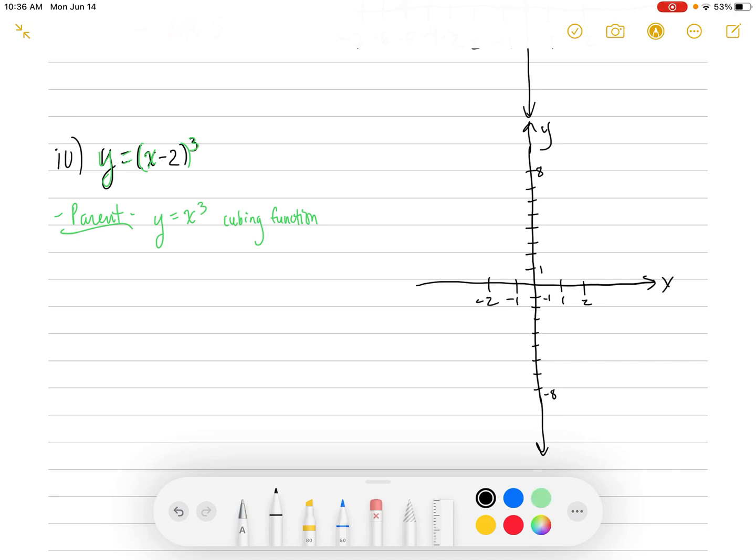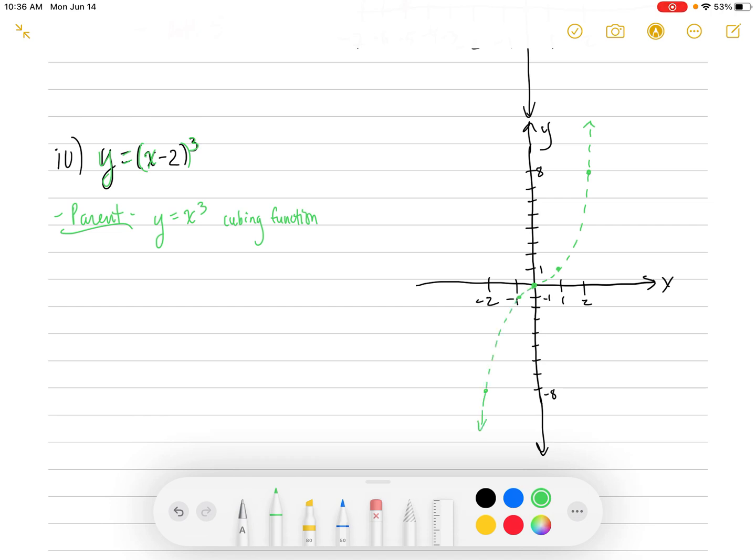On the y-axis, 1, 2, negative 1, negative 2. So scaling's a little different on the x-axis and the y-axis. So when you plot this out, you plug in 0. 0 cubed is 0. 1 cubed is 1. 2 cubed is 8. And on the right you have something like this.